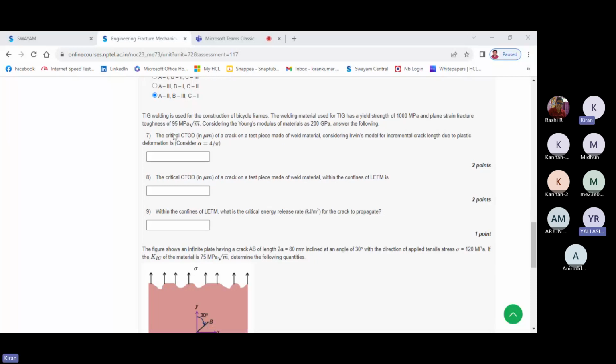This TIG welding is used for construction of bicycle frames. Do you have some solution or some idea?